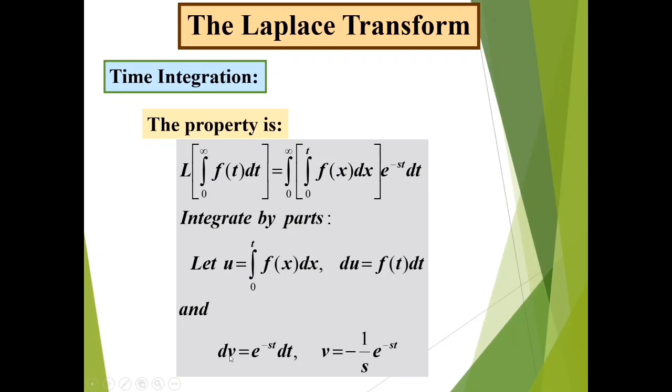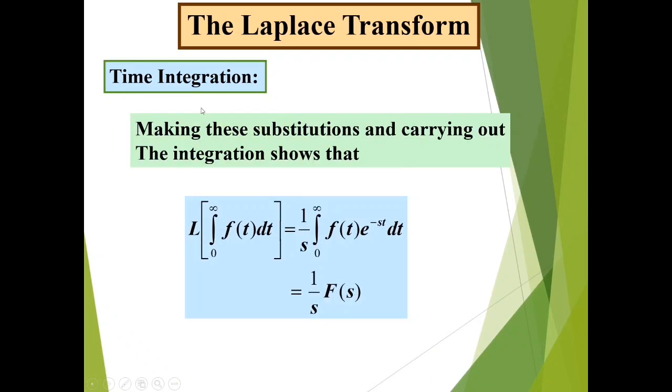From that we'll integrate and we'll get v is equal to minus 1 by s e power minus st. So making the substitutions and carrying out the integration shows that the answer is 1 by s integral 0 to infinity f of t e power minus st dt, which is 1 by s, and we know the integral part is nothing but F of s.